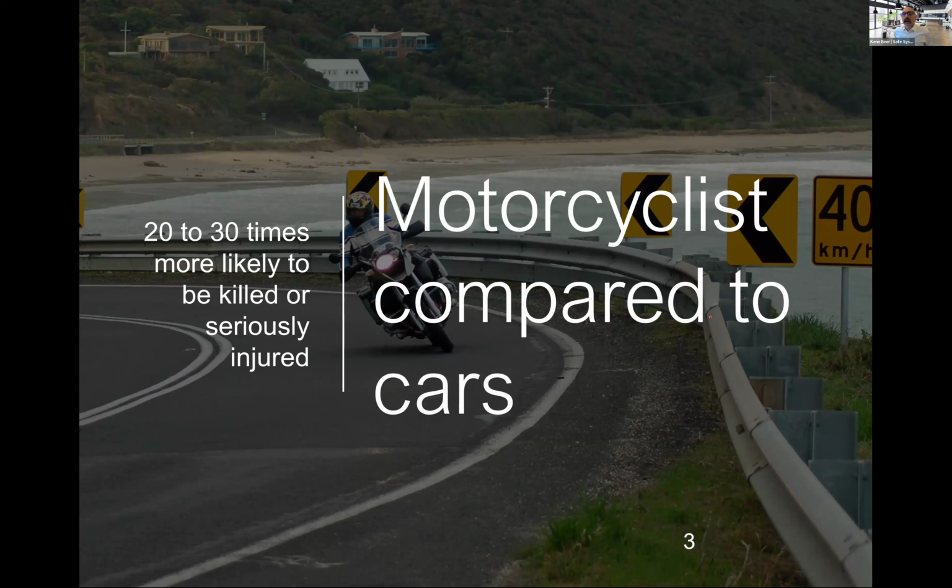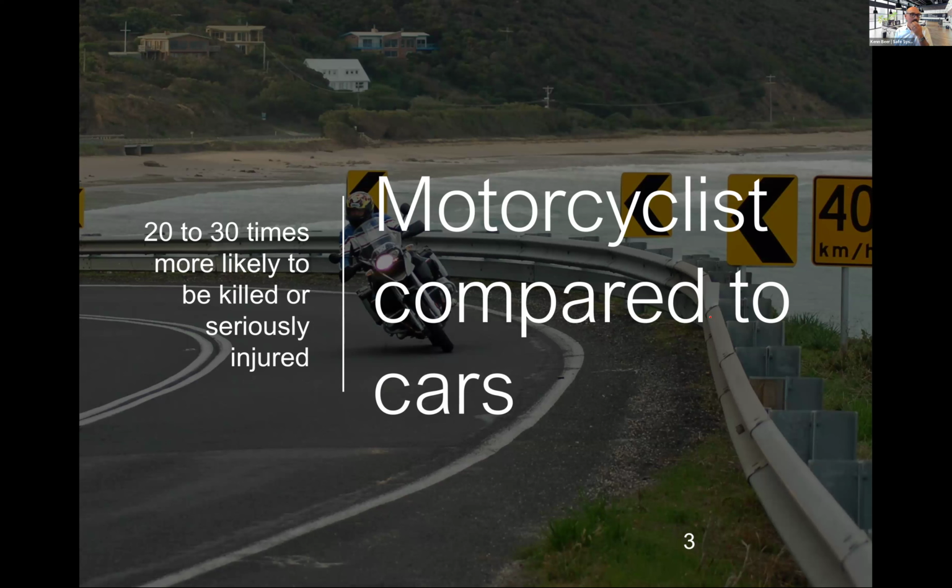But one of the reasons I don't ride anymore, it's 20 to 30 times more likely to be killed as a motorcyclist than a car driver doing the same journey. 20 to 30 times more likely. That's astronomical.